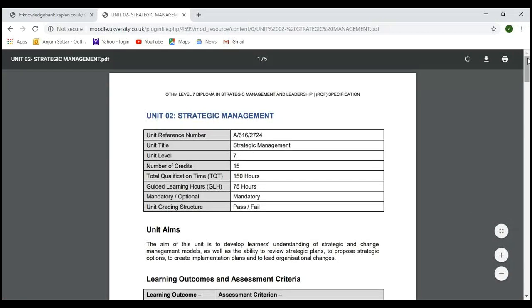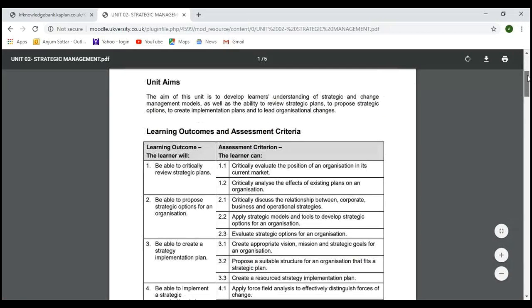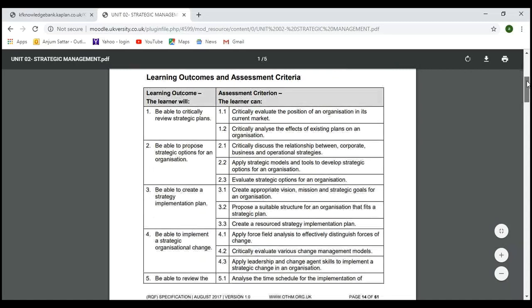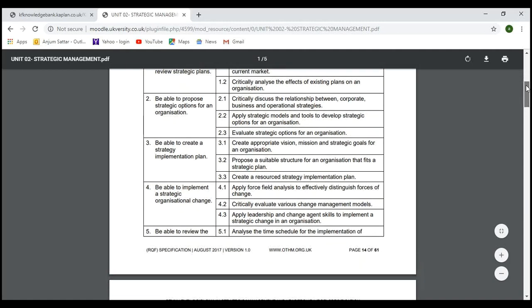In LO1, we discussed how to critically evaluate the position of an organization in the current market, and various tools we can use like SWOT and PESTEL: political, economic, social, and technological factors.